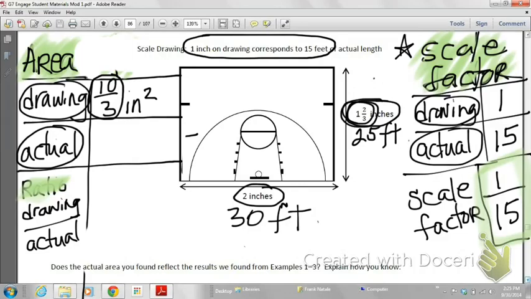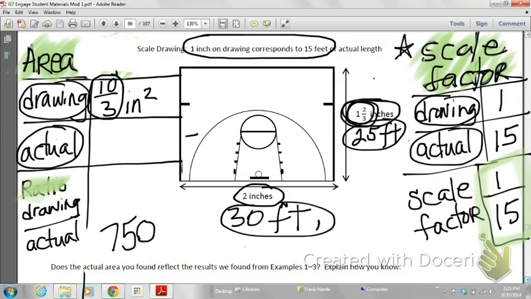Now to get the area of the actual, I just apply these numbers right here, 30 feet, 25 feet, multiply those, and I get 750 square feet. Again, I'm not as interested in the fact that it's feet squared.